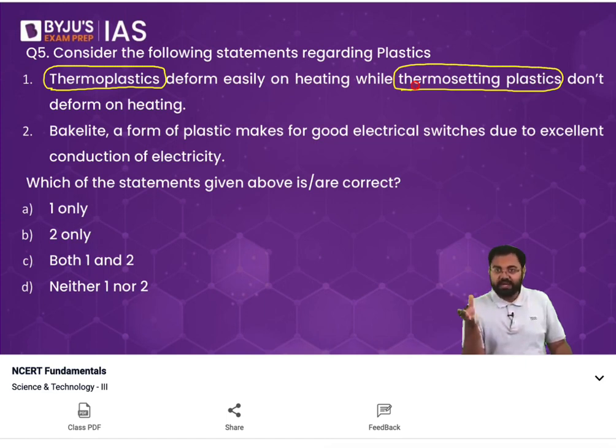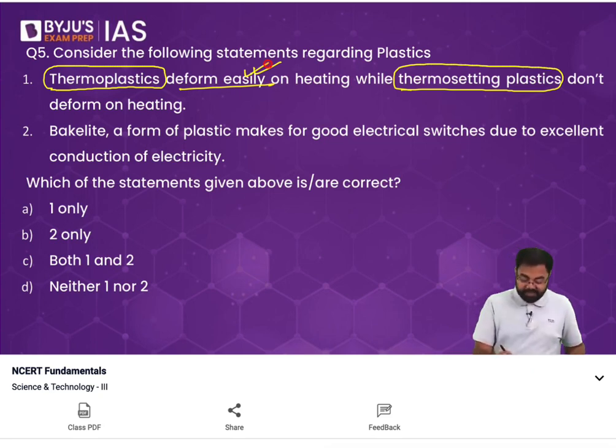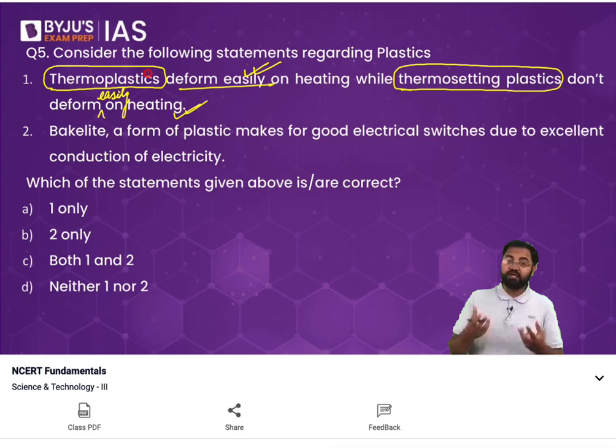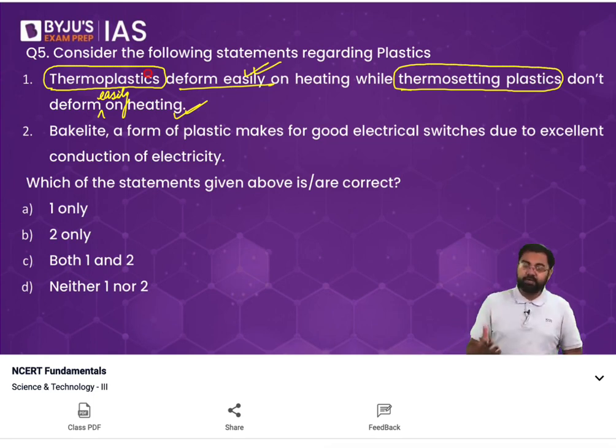When raised to a high temperature, it would burn, whereas a thermoplastic will start to melt, and that's why it will have a lower melting point as compared to a thermosetting plastic. So they deform easily, this is correct, on heating, while thermosetting plastic don't deform easily on heating. Better would have been if we would have written deform easily on heating. That is true, because they would not deform, but rather they would start to burn, all right? Thermosetting plastics will start to burn and they would not melt. So that's the basic difference. So that's why we can mark this as correct.